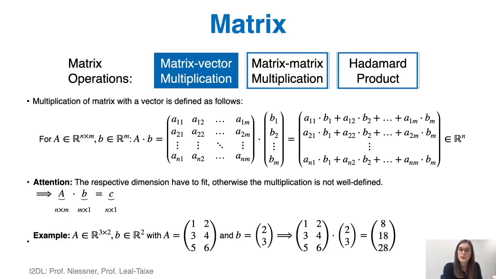This is important if you do matrix vector multiplication and also all the other multiplications on matrices. It's important that you always take care of the dimensions. They have to fit to each other because otherwise it's not well defined.